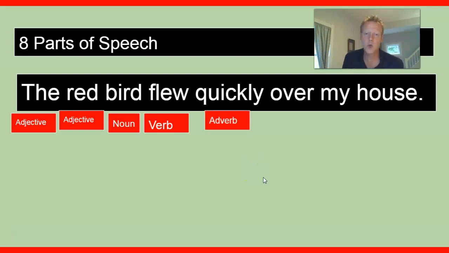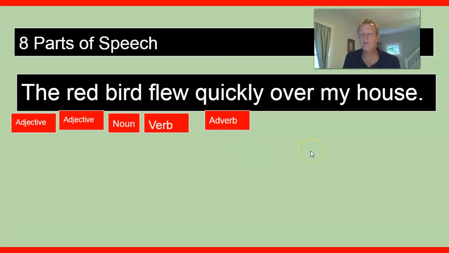Quickly. It's an adverb describing how the bird flew. Remember, adverbs describe verbs, adjectives, and other adverbs, all three. In this case, quickly is describing flew. So we use the clues in the sentence to figure out what the word is.